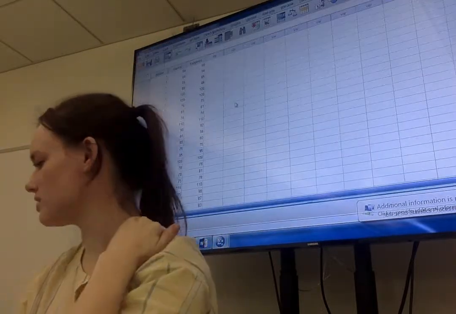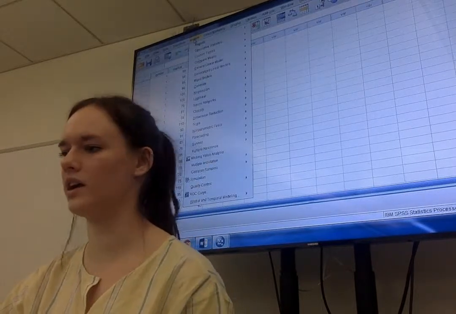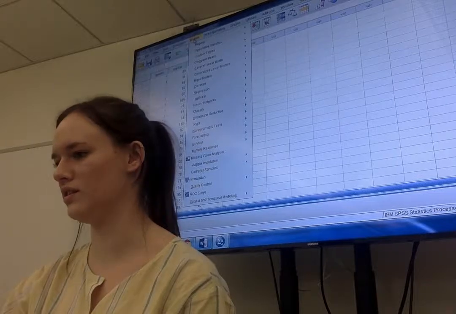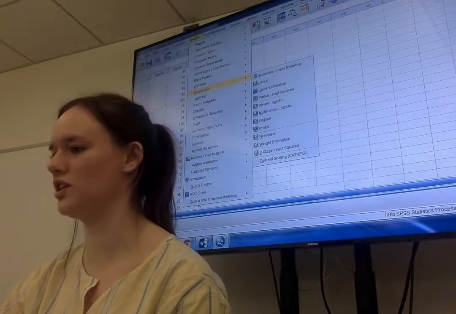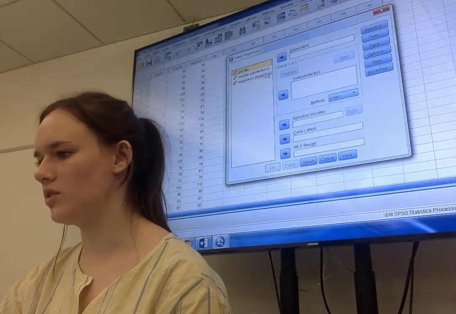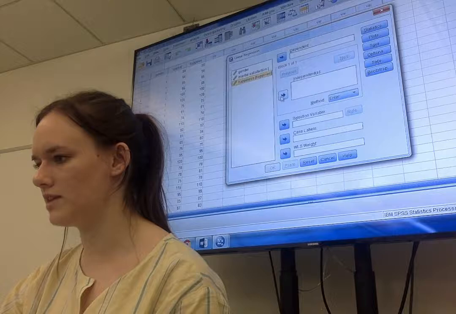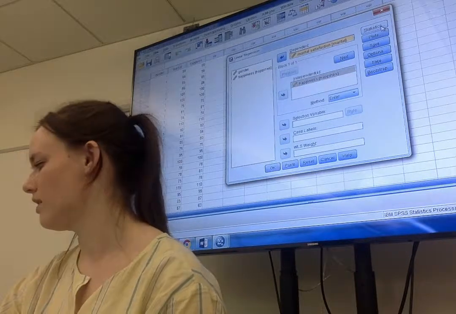Okay, so we're going to look at the residual plot first. Go to regression. This is kind of counterintuitive because we're running regression anyway. Go to Analyze, Regression, and then Linear. I think I set the IV as happiness and the DV as marital satisfaction.